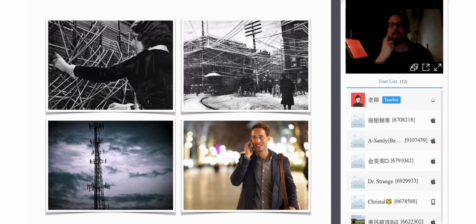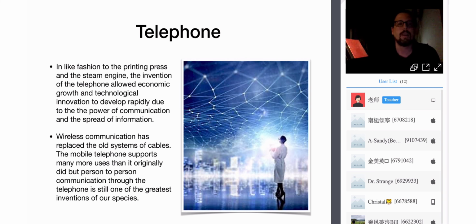So, telephones used to be connected by cables, and cities looked like this. And we've moved to wireless radio communication, I suppose. And we use these towers for wireless communication. In like fashion to the printing press and the steam engine, the invention of the telephone allowed economic growth and technological innovation to develop rapidly due to the power of communication and the spread of information.